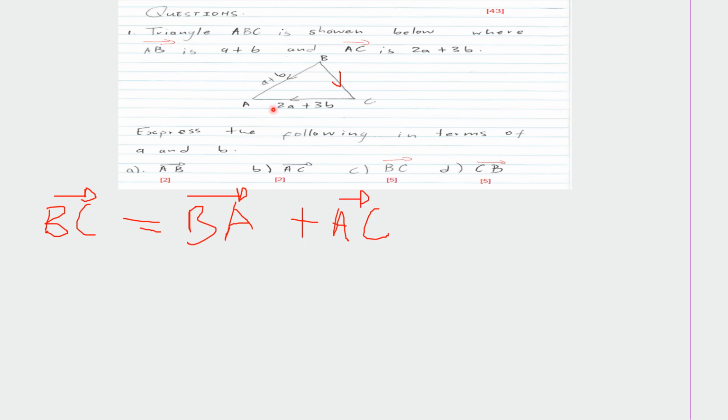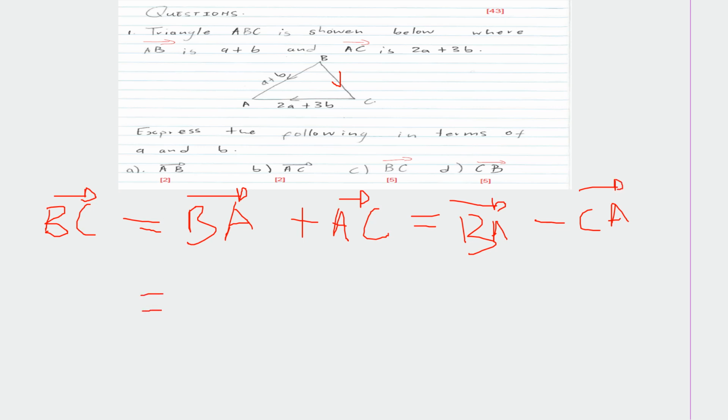Okay, so basically here on the diagram we have the value of BA, but at the bottom of the diagram we have the value of CA, and here in the expression we have AC. But we know now AC is equal to negative CA. So we can write it this way: we have BA minus CA, and then we substitute everything.